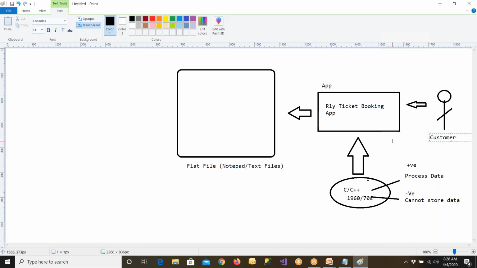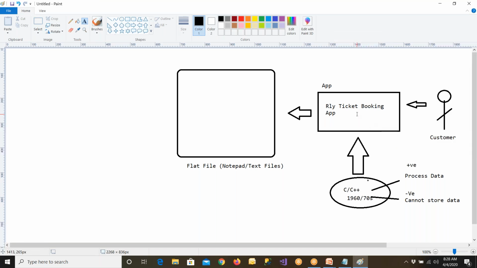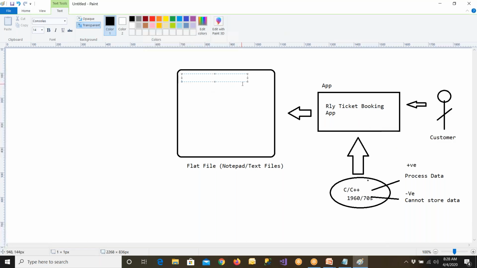So the customer visited and wanted to book a train ticket. Now he is providing lots of data. The ticket number is 1234. His name is Raj, male, age 32, and he wants to travel on 25th May 2020.